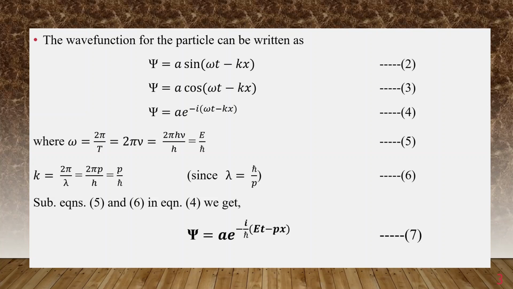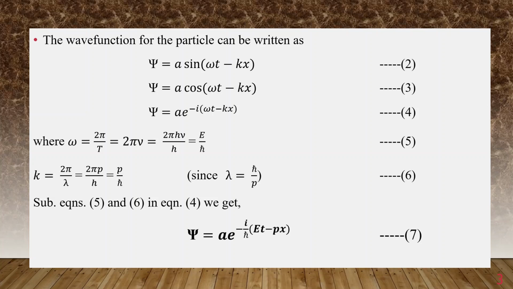To derive the Schrodinger equation, we are going to consider this exponential wave function, equation 4. In this equation, omega is equal to 2 pi by T, where T is the time period. We know that the reciprocal of the time period is the frequency, so I can write 2 pi nu.